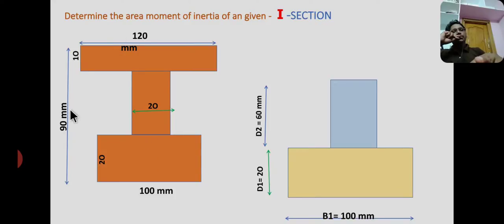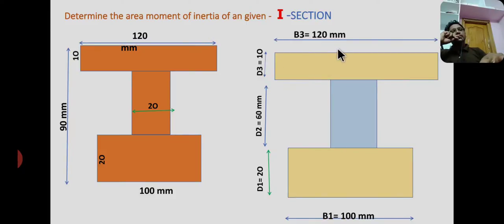So 90 minus 10 minus 20, therefore the height d2 equals 60 mm and base b2 equals 20 mm. Now I am considering the top rectangle, that is the top flange, as section 3, having depth d3 equal to 10 mm and base b3 equal to 120 mm. So these are the values.